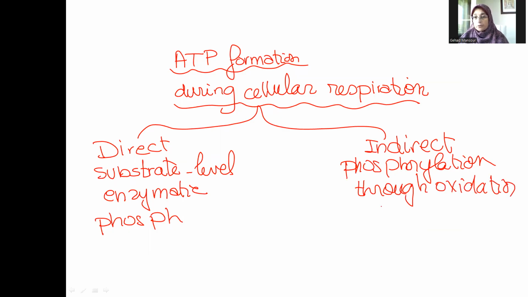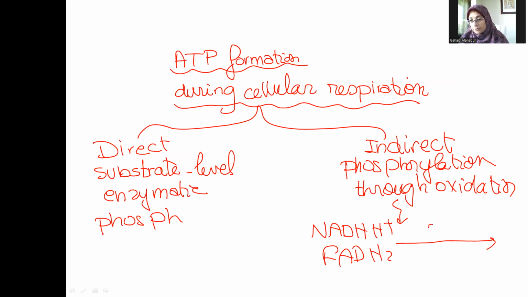So the indirect phosphorylation through oxidation is the formation of ATP when reduced NAD and reduced FAD deliver their electrons along the electron transfer chain until ATP is produced at the end of the day. So this whole process of losing electrons from reduced NAD and FAD to form ATP at the end of the electron transfer chain is the indirect phosphorylation.